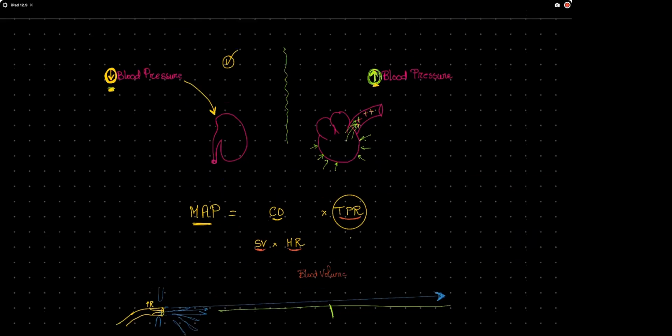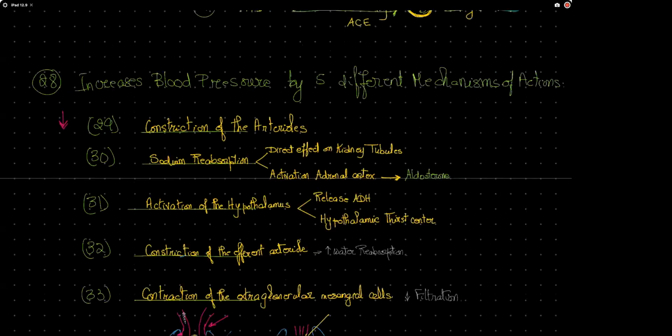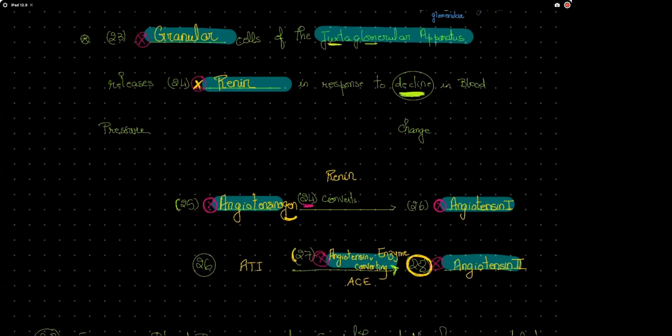So here, what we've just discussed is how the kidney is going to be responding to the change in the blood pressure. And now you understand that the kidney is responding to the decline in the blood pressure. Whenever I have a decrease in the blood pressure, the kidney now interferes to increase it back to normal.